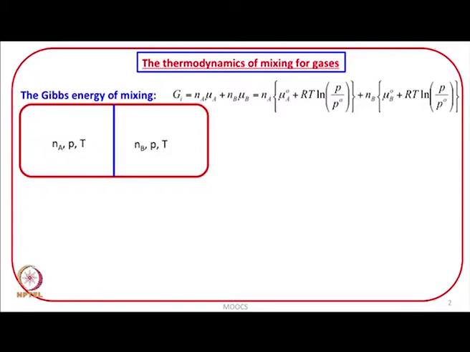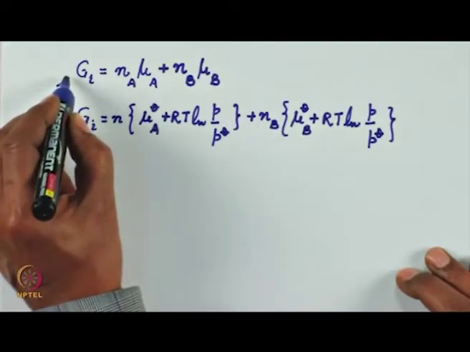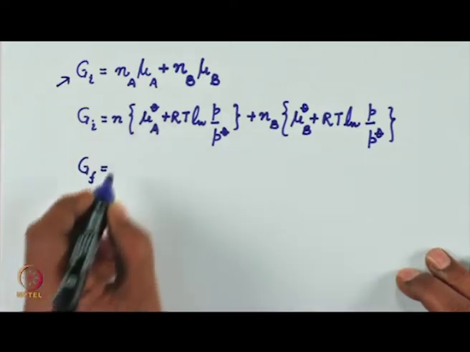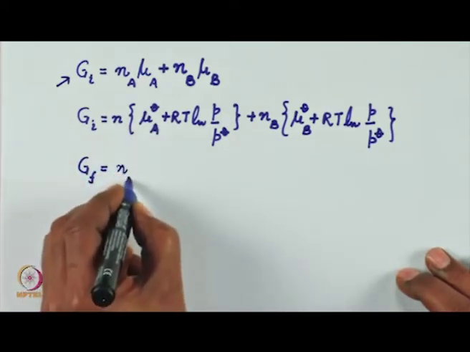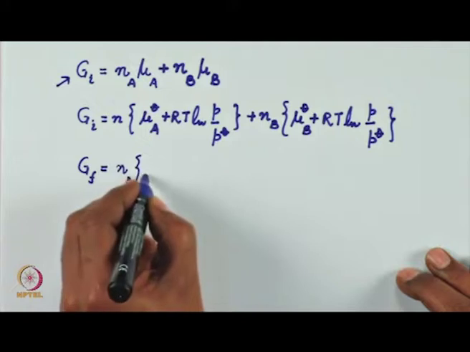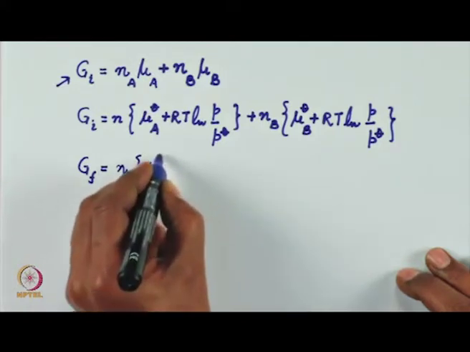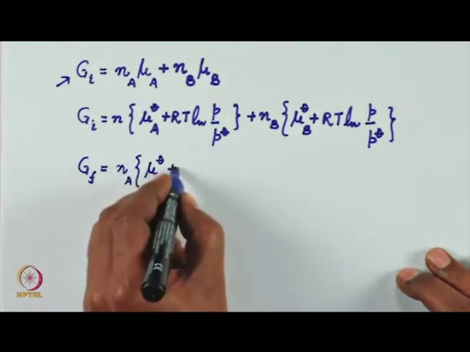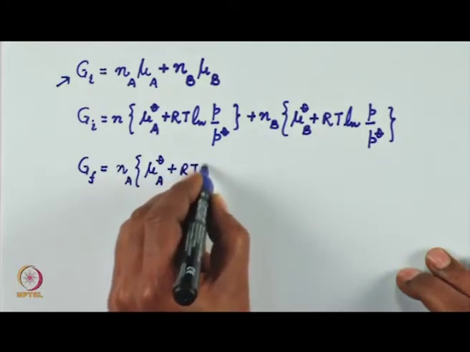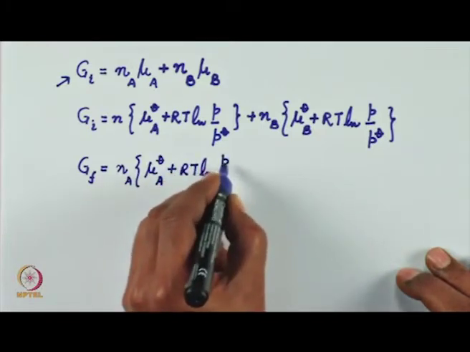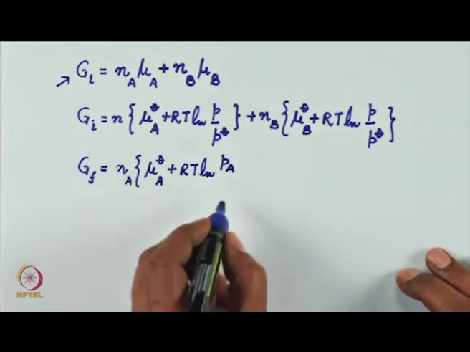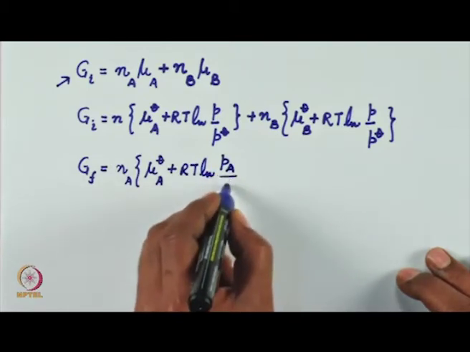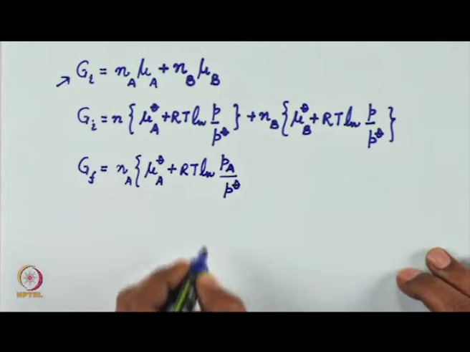But how will the Gibbs function change? Let us now again work on it. The final Gibbs function, I will again act on this equation Na and expand mu A, it is going to be mu A naught plus RT log, now, since both the gases are mixed, I will talk in terms of partial pressures.